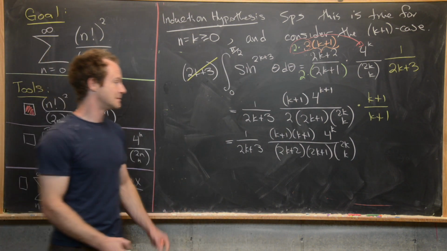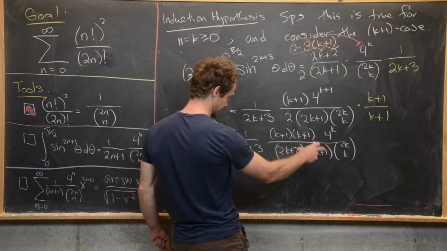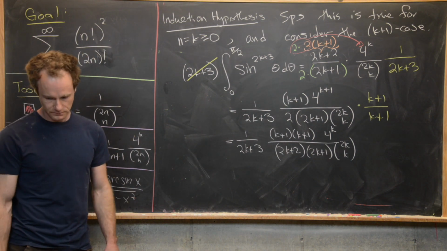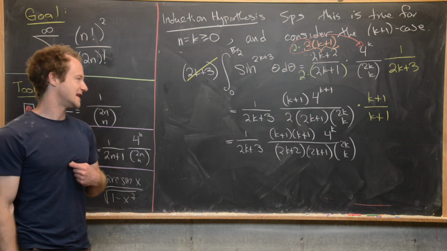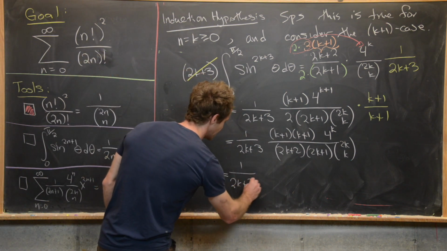Okay, fantastic. Now the next thing that I want to do is bring this k plus 1 times k plus 1 to the denominator, but we can do that by taking the reciprocal. So here we have, this is 1 over 2k plus 3.